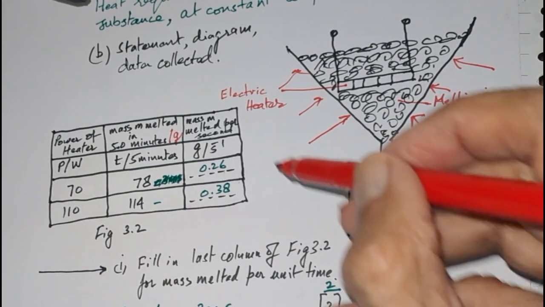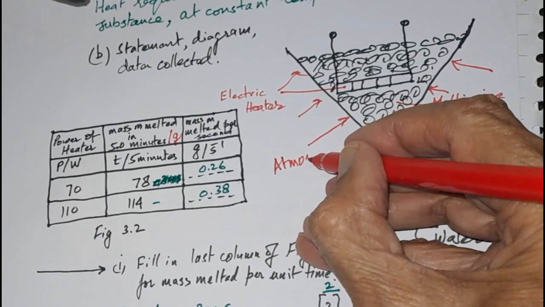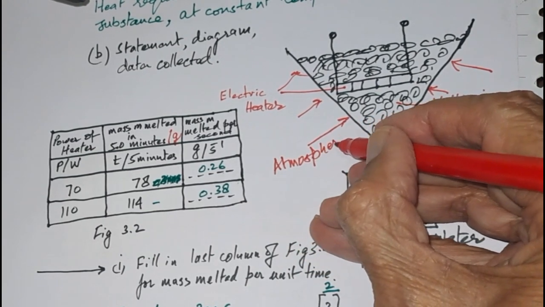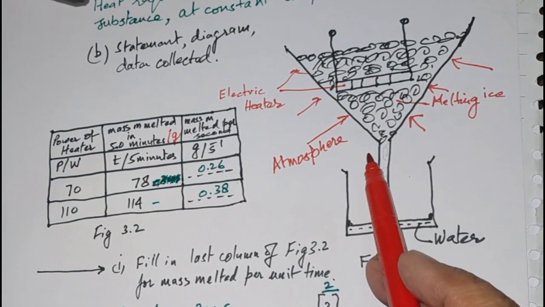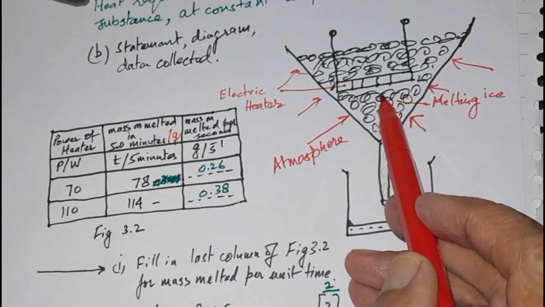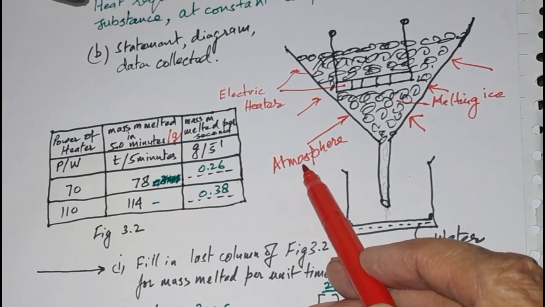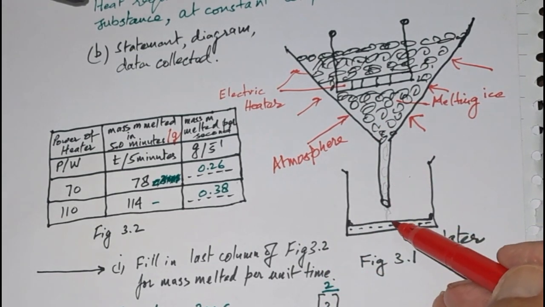and atmosphere or surrounding is a hot body, and even if the heater is not switched on, ice is going to absorb heat from surrounding and then keep on melting.